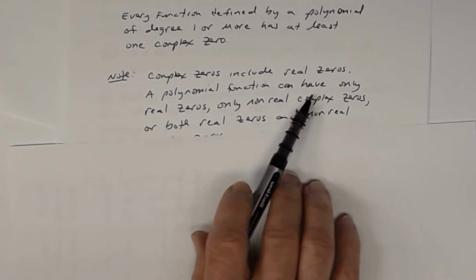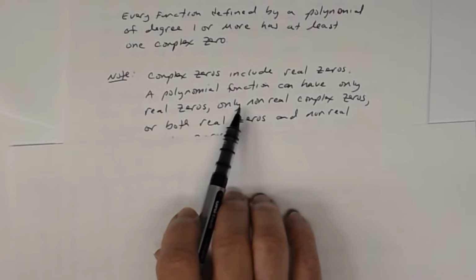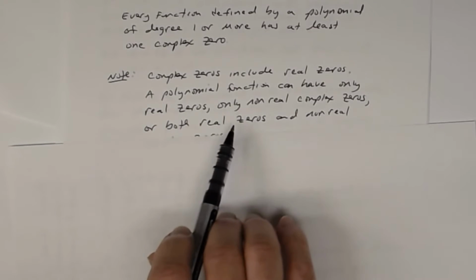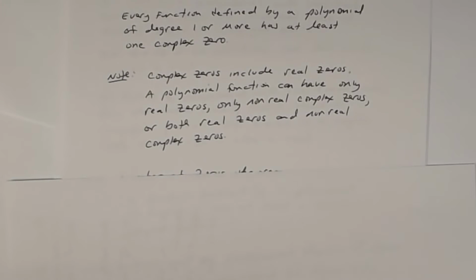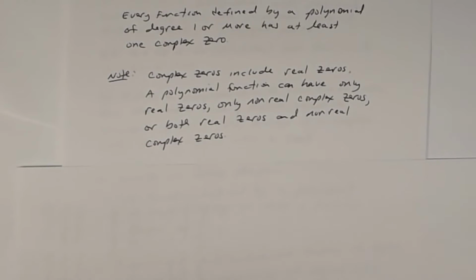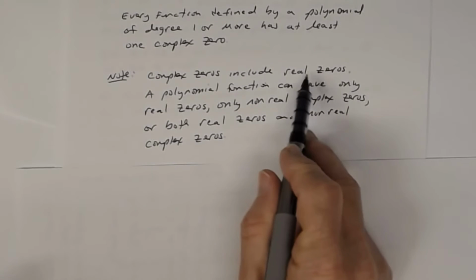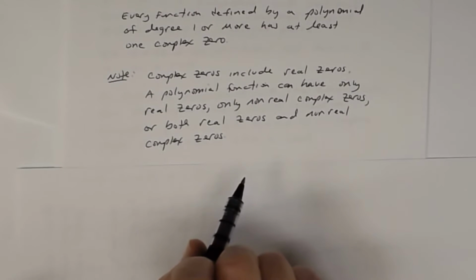A polynomial function can have only real zeros or non-real zeros, or a combination of the two. It could have both real and non-real zeros. Some students seem to think mistakenly that a complex zero is just a number that has i in it. That's not true. A real number is also considered a complex number.